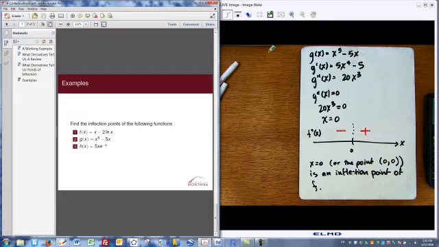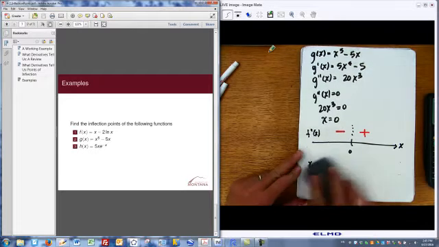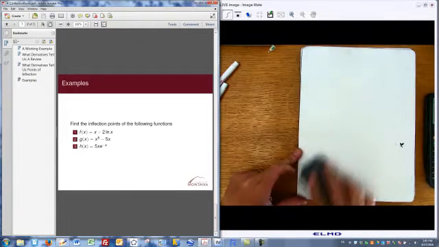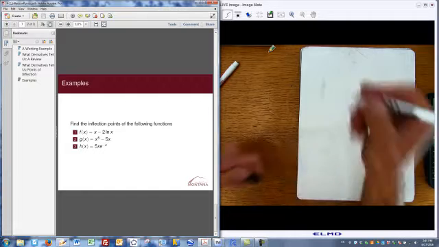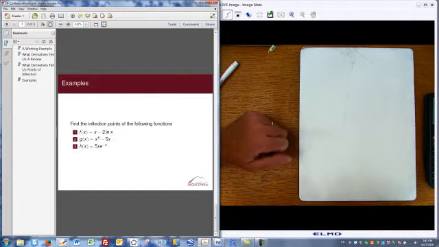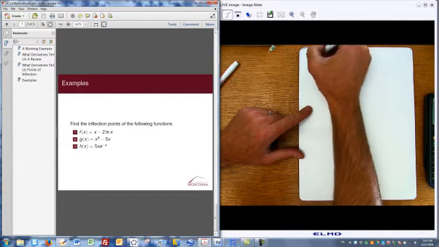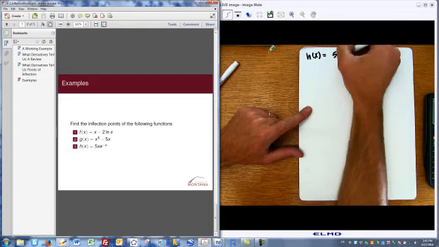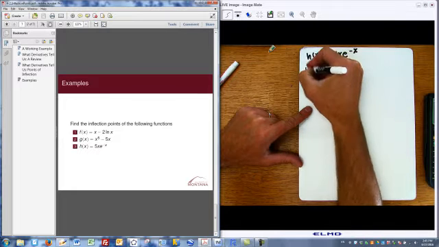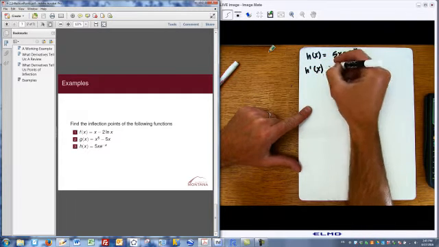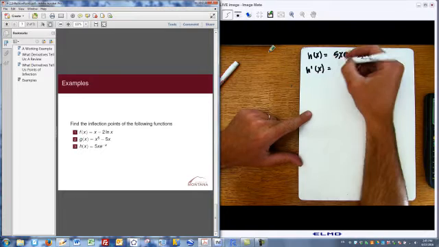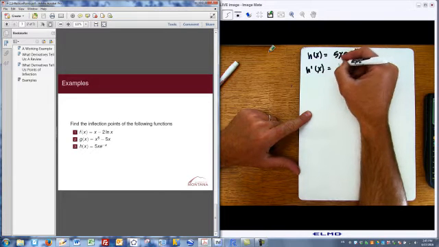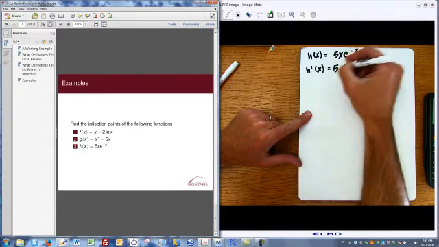So what if we had 5x times e to the negative x? We're calling this one h of x, right? 5x times e to the negative x. Well, h prime of x, as we saw before, we have to use the product rule because we have x times e to the negative x. 5 out in front.